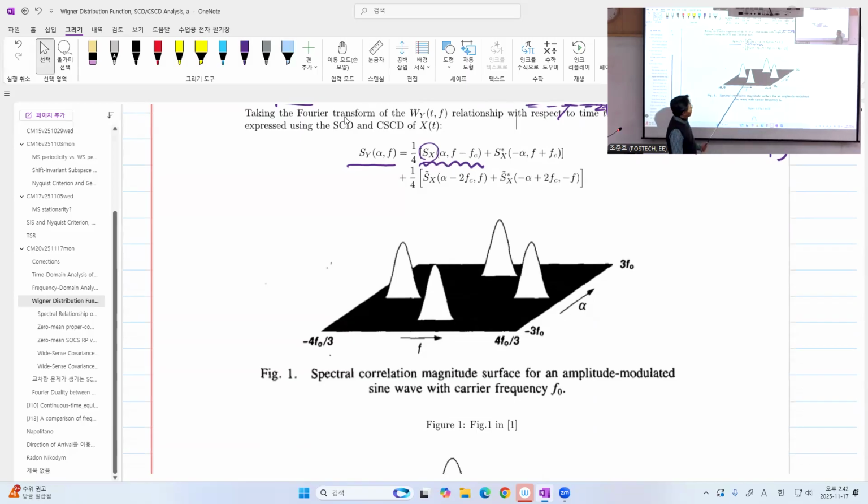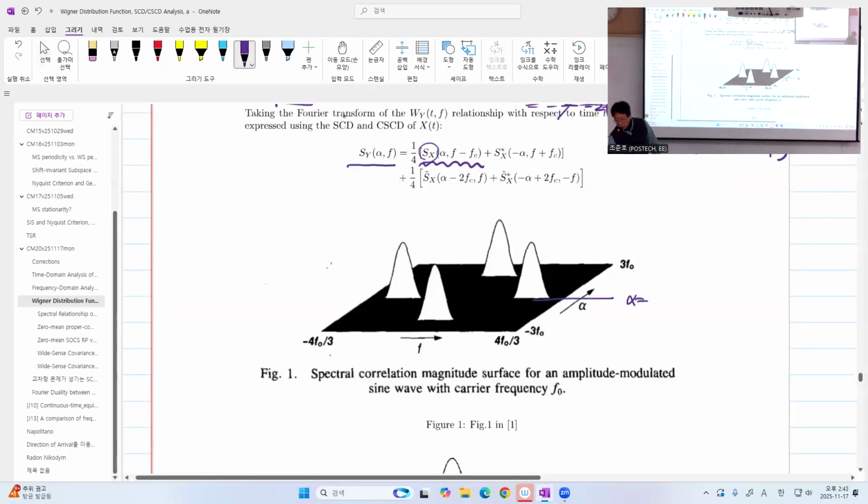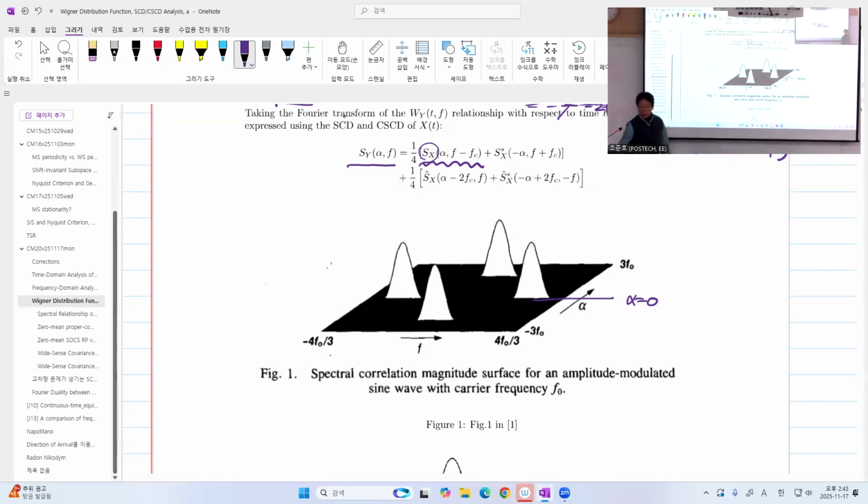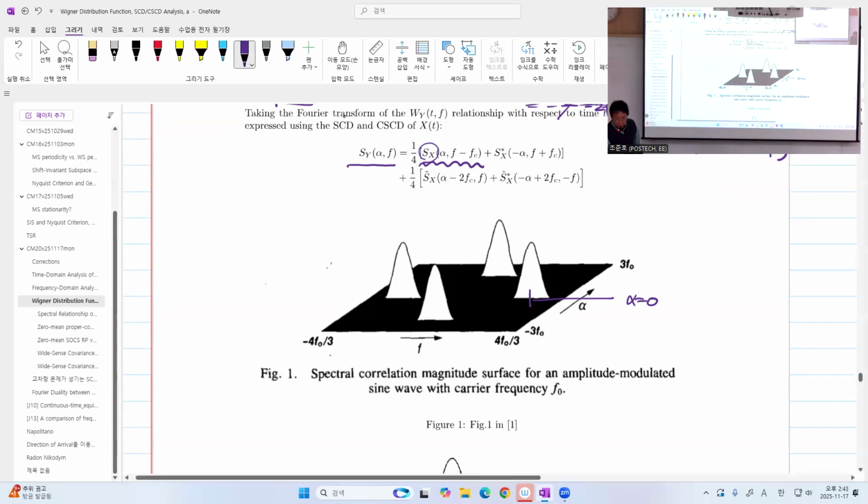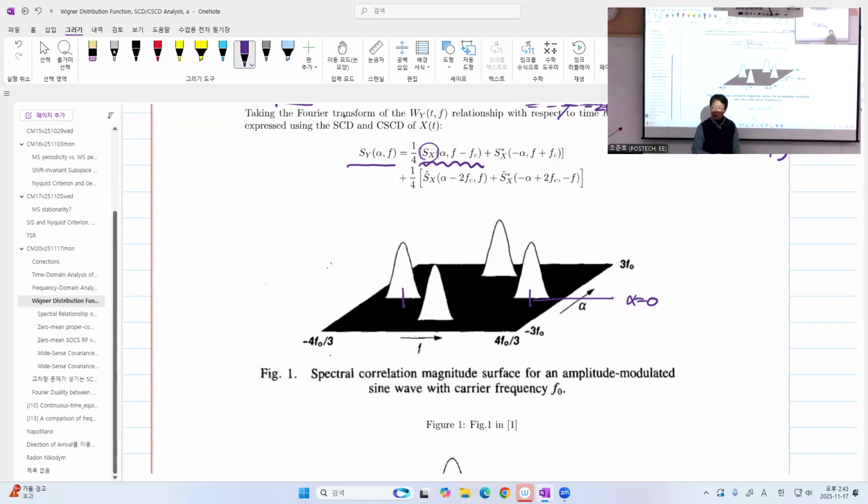And as you see here, at alpha equals 0, right? You have right shifted and left shifted versions. And this right left shift is all due to the carrier frequency Fc. And also you have what?